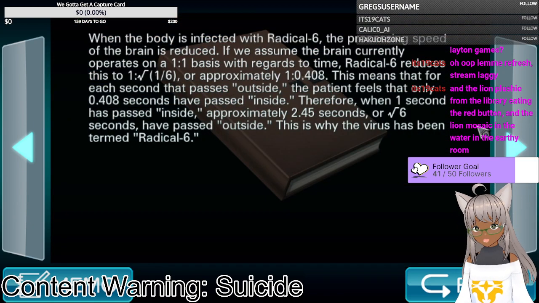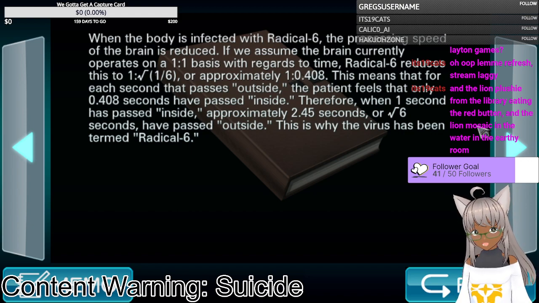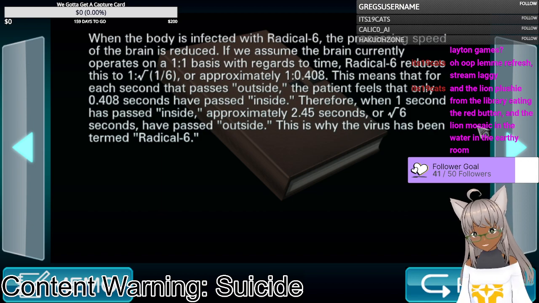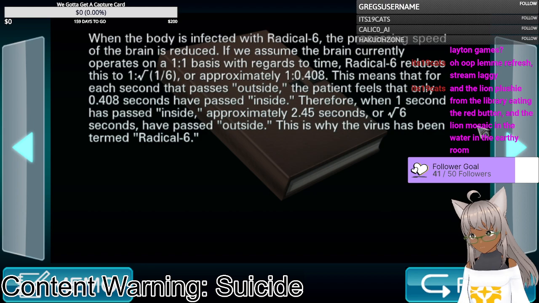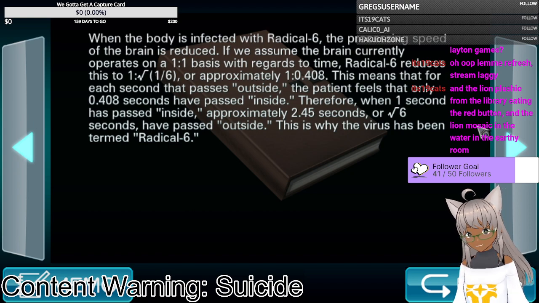When a body is infected with Radical 6, the processing speed of the brain is reduced. If we assume the brain currently operates with a 1-to-1 basis in regards to time, Radical 6 reduces this to a 1 to square root of 1/6, or approximately 1 to 0.408, which means that for each second that passes, quote, outside, the patient feels only 0.408 seconds have passed inside.